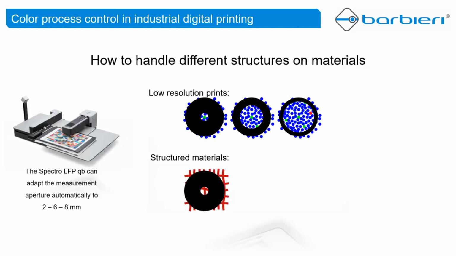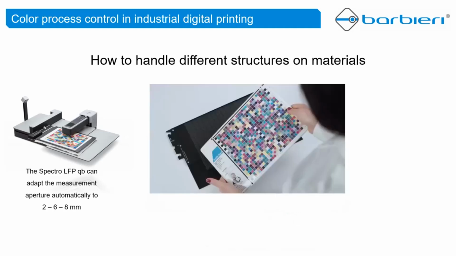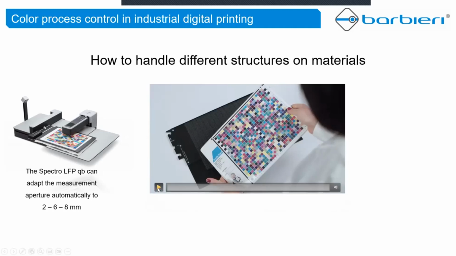A small aperture catches almost nothing of the material, just the white background, and the large aperture on the right side catches a lot of the material, a lot of these red fibers of the surface. So the best result on structure comes from a large 8 millimeter aperture used with the Spectral. Let's have a brief look at this video to explain a bit better what I just explained.